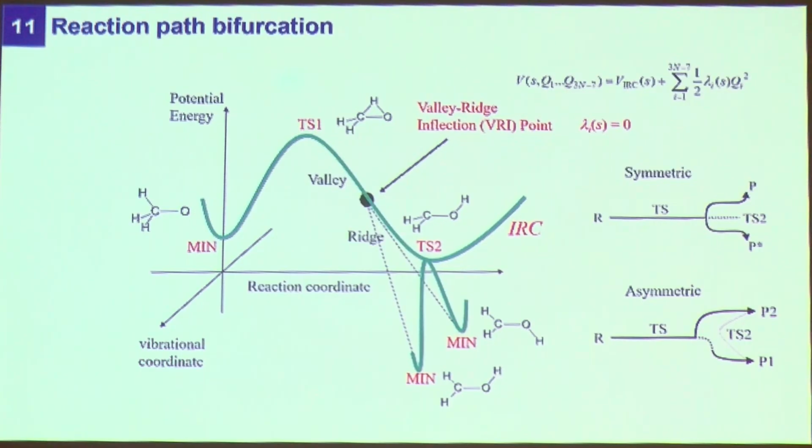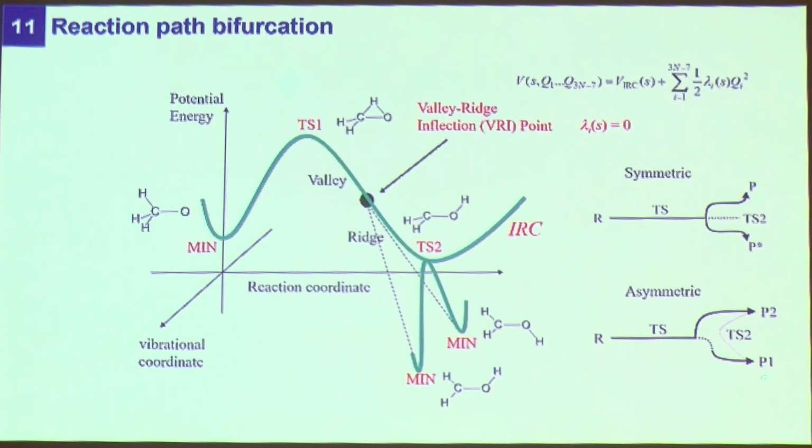In several reaction systems, this type of IRC has been reported. But there's another type of bifurcation, the asymmetric case. In the symmetric case, these two products are mirror images of each other, a right-hand side and left-hand side relation.